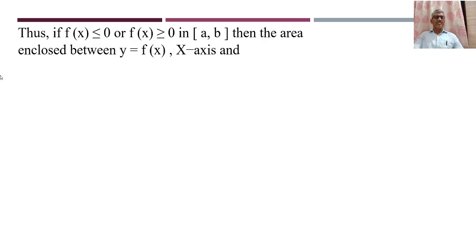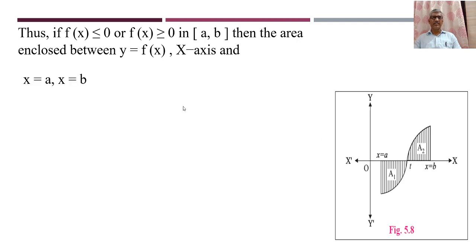Thus if f of x is less than or equal to 0 or f of x is greater than or equal to 0 in the closed interval AB, then consider the area enclosed between y equal to f of x, the x axis, and the lines x equal to a and x equal to b.